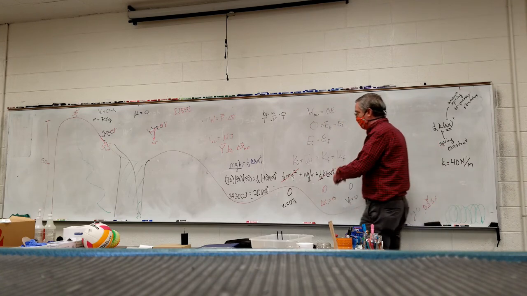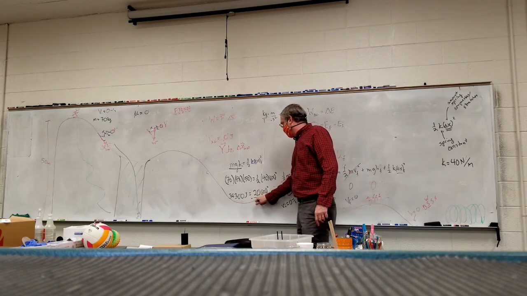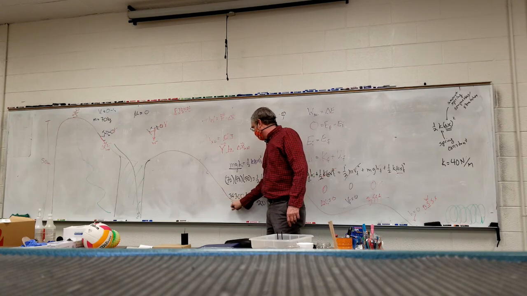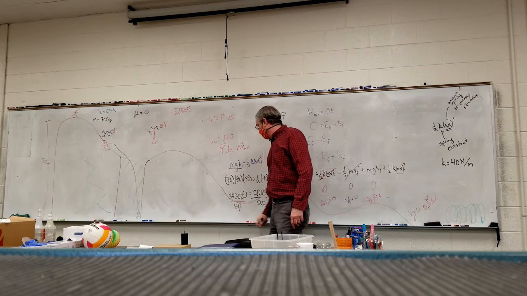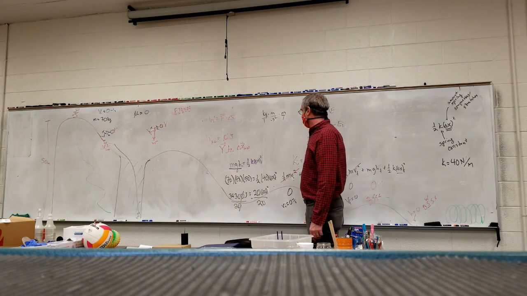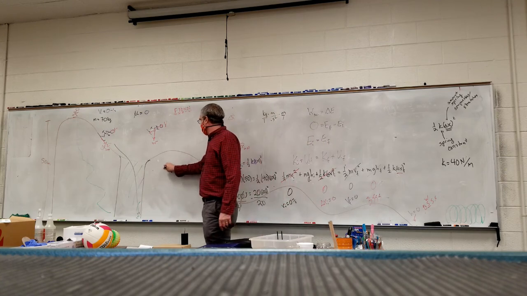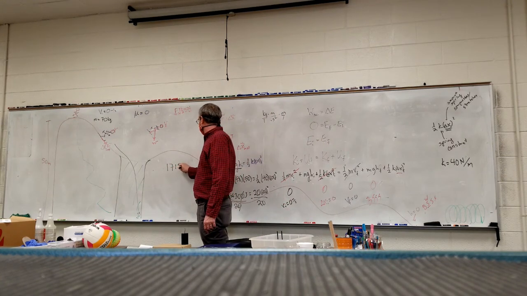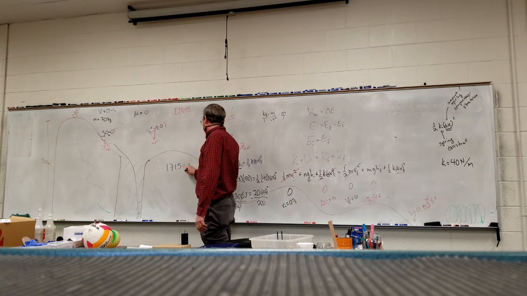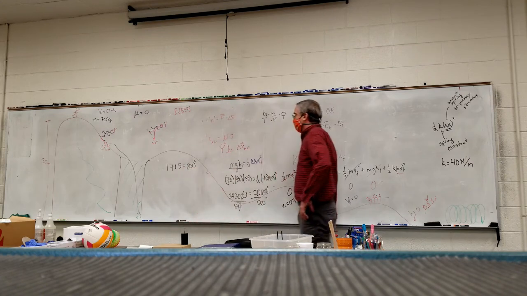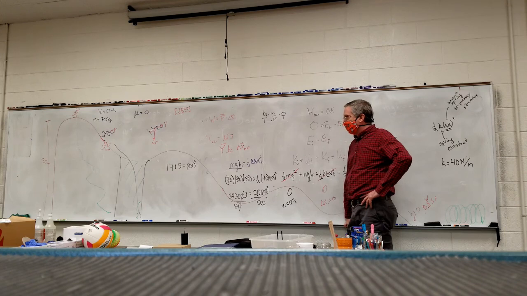All right, so we have the math problem here. Let's divide by 20 because we're trying to isolate our variable here. So 1,715 equals delta x squared, assuming I did my math right.